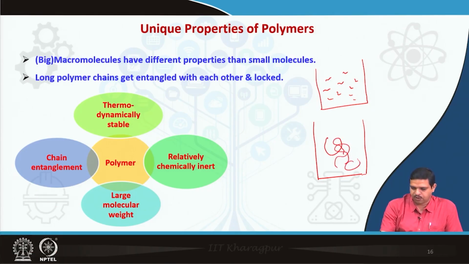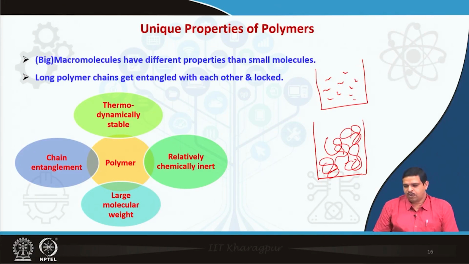Okay. Now, you will see that the polymer actually remains as a coil, or the best comparison will be a snake. How does a snake stay? It just stays like that. Similarly, the polymer stays in solution like this, entangled.